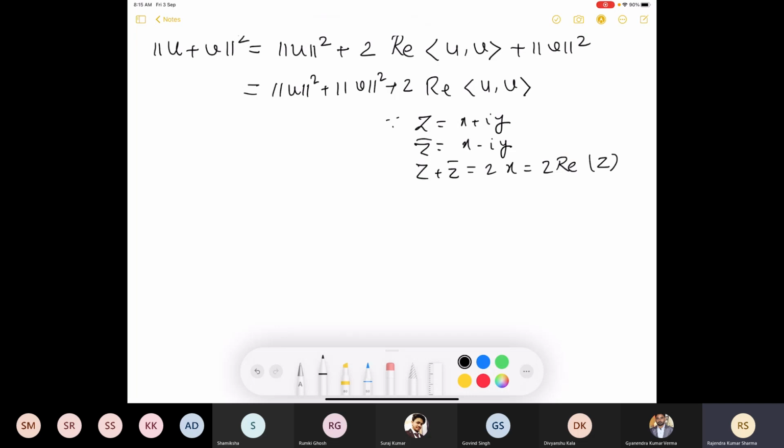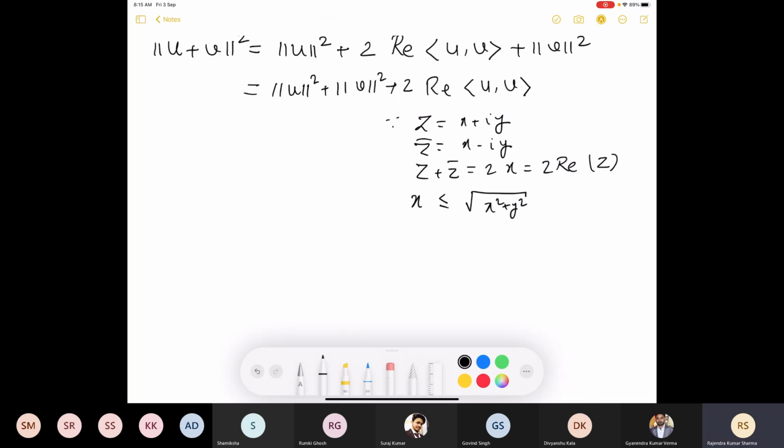So you can see that x is always less than or equal to the square root of x square plus y square. Equality will occur when y is 0.